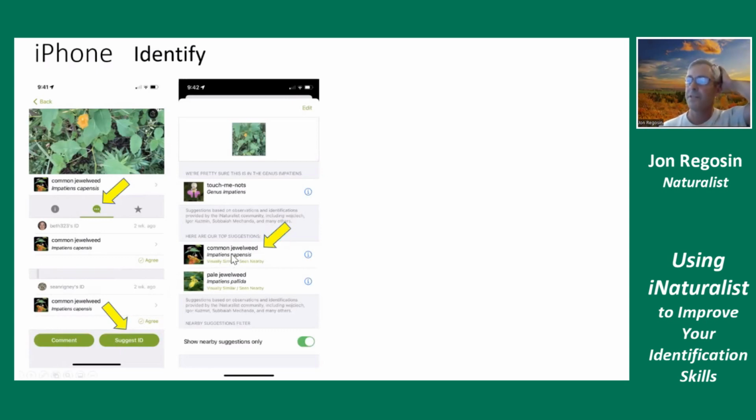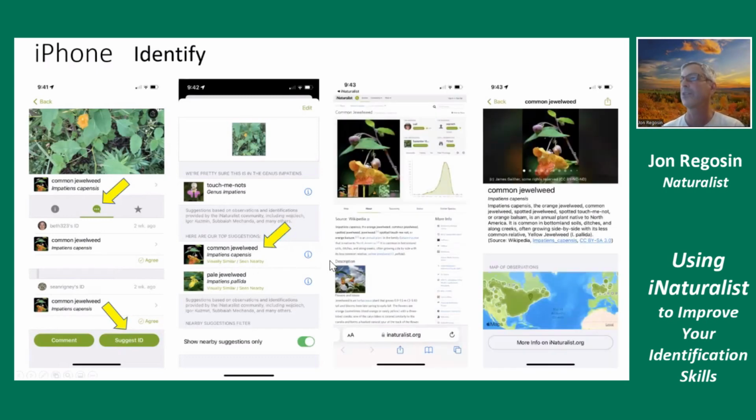But if you click on one of these suggestions, it's going to give you information. Other screens can open on your iPhone, and it will give you a whole bunch of photos up here. And I don't know if you can see my pointer, but I'm in the upper right. There's a whole bunch of photos and other information, the range map. I can use this before I decide if I'm going to enter an identification.